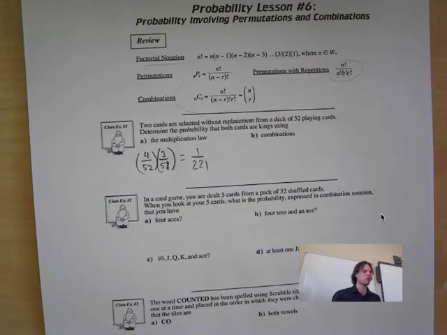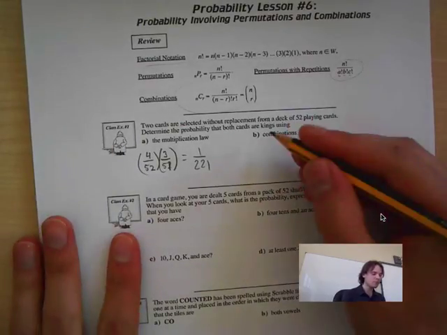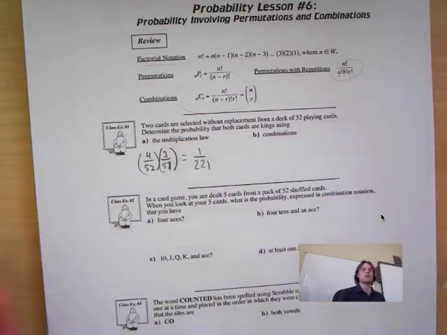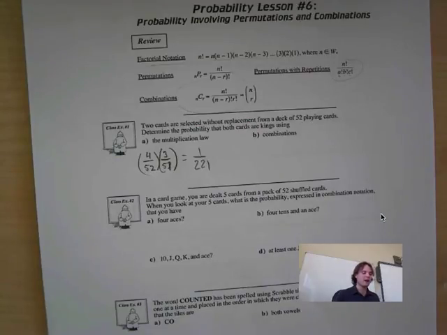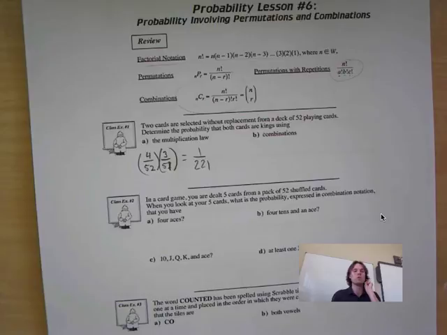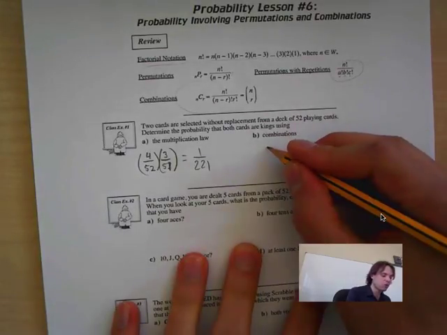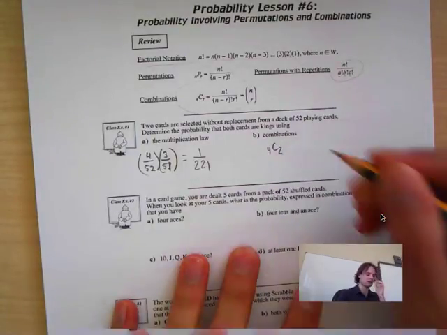Now, that's kind of the long way. For this one, it is very easy because we're only looking at 2 cards. But if we're looking at a bunch of cards, it's easier to choose the combinations method, and you're just going to use your calculator to do it anyway. So here we go. Out of how many kings do we want? We want 2 kings, and there's a possibility of 4, so out of 4, we want 2 kings.